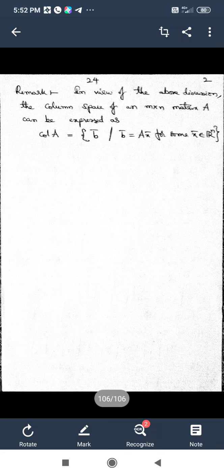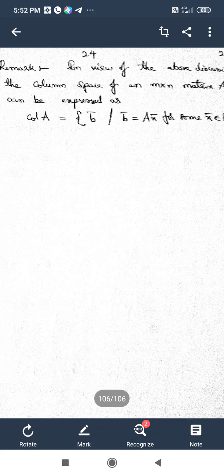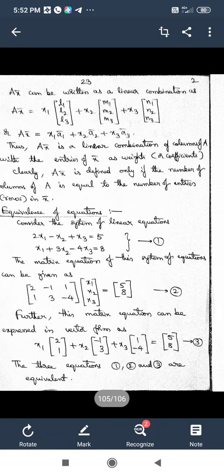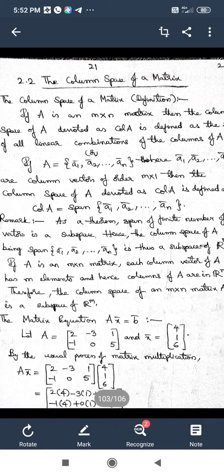This final form of the definition of column A which we have given now can be used in solving the problems that we will do in the later class, in the next video lesson. So let us go through what we have done today once in a couple of minutes.